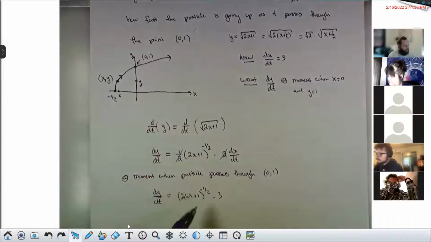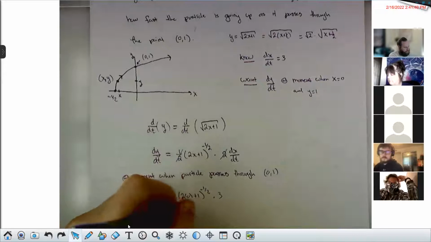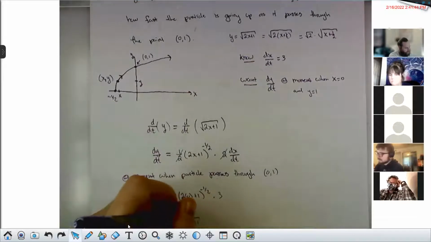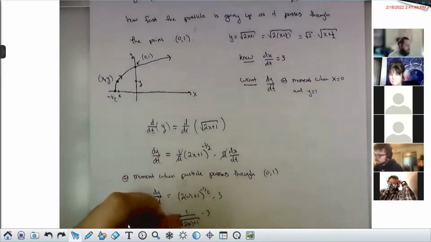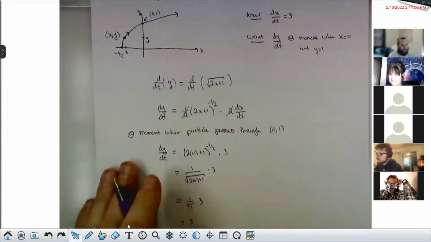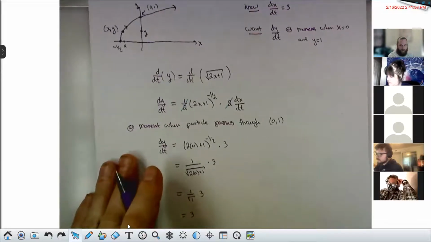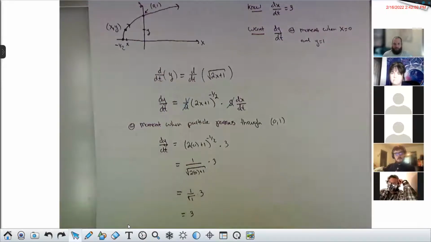So this is 1 over the square root of 1, which is 1, times 3. The whole thing is 3. I did not set this up like this. Total coincidence that the x and y velocities are the same at this moment.